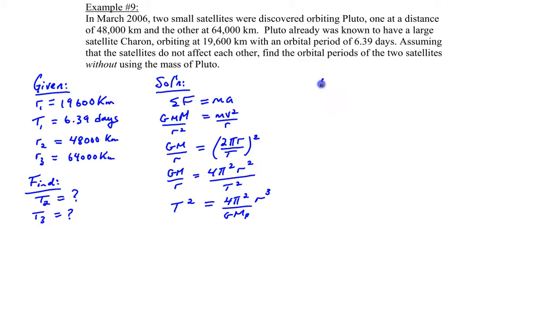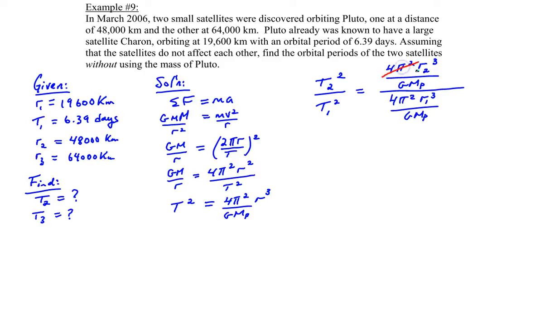If you were to write, for example, T2 squared all over T1 squared, and T2 squared, let's say, is this expression, 4 pi squared R2 cubed divided by G and the mass of Pluto. And then for T1, it would be the same expression, except what would change is just the radius, R1 cubed divided by G and the mass of Pluto.